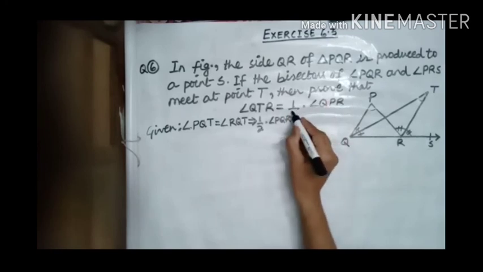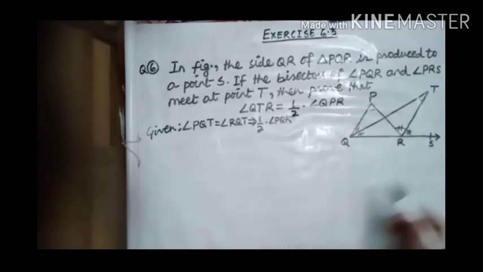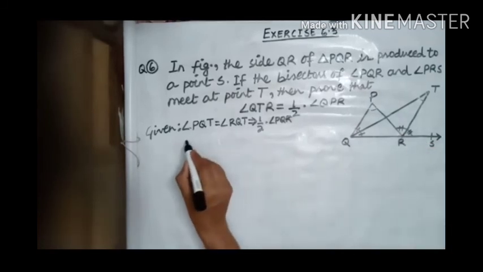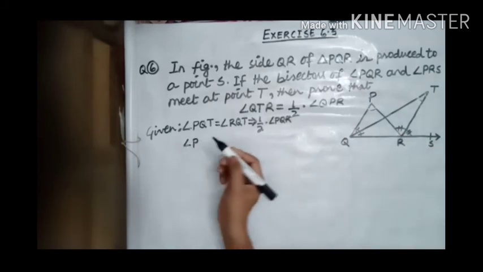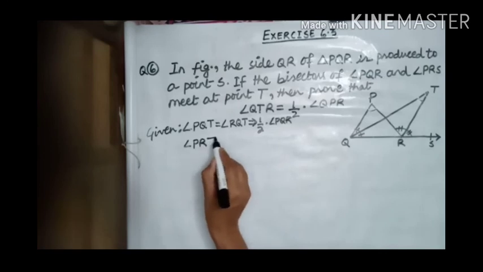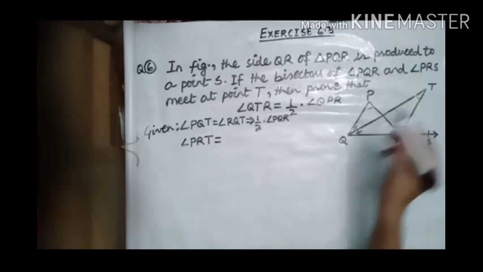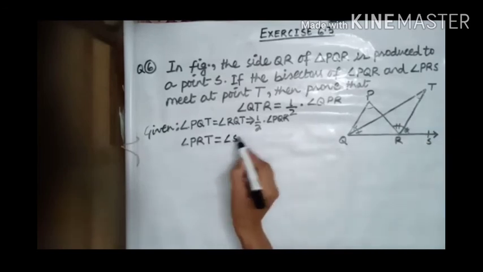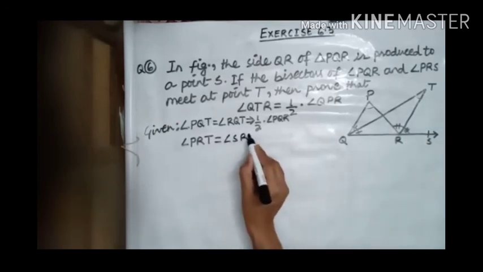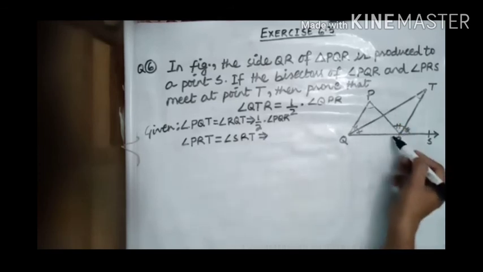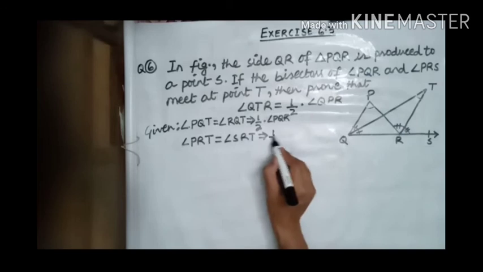Similarly, as RT bisects the angle PRS, therefore angle PRT equals to angle SRT, and each of these two angles will be half of angle PRS.